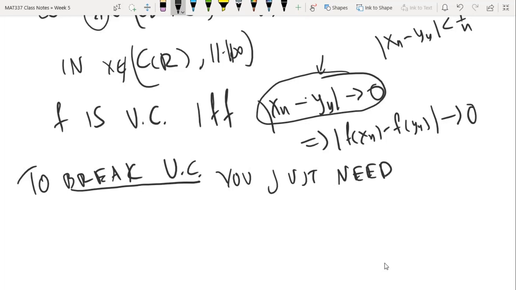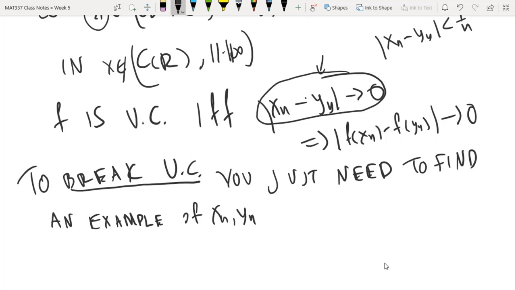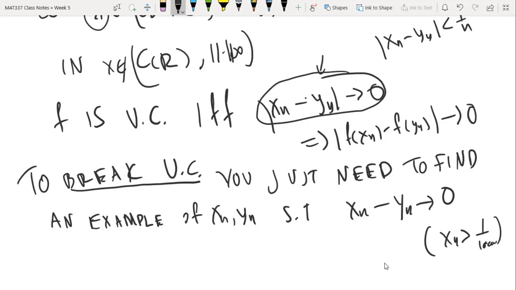You just need to find an example, like we did in the lecture notes on Thursday, with 1 over x of xn, yn, so that even though these go to 0, you can even have what you said, that's fine. But the main thing is this.